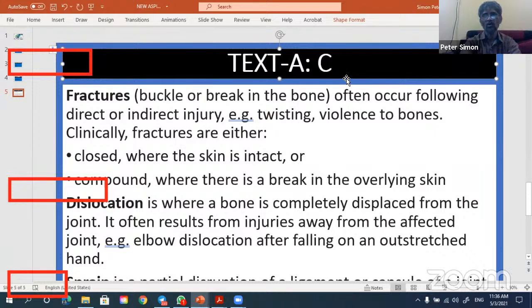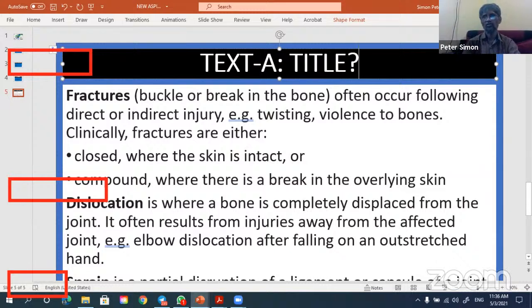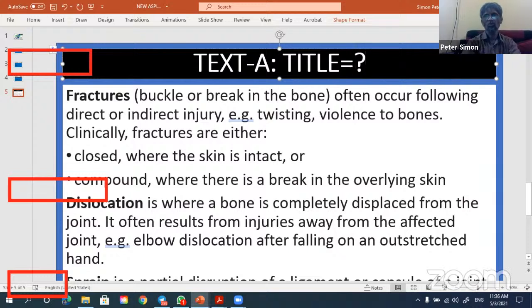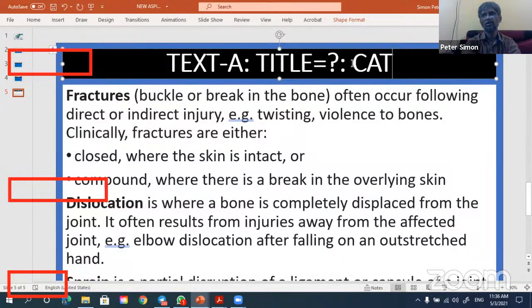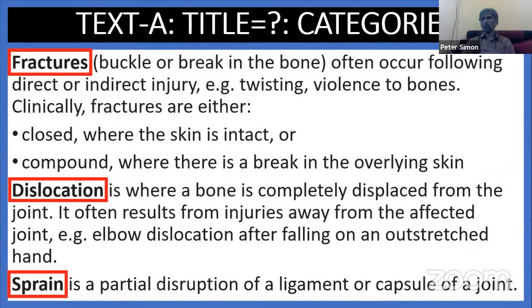We don't know the title of this one, but now we have understood that this is related to types or kinds or classes or categories. That's all, so simple as that. Why do you want to read all this nonsense for that purpose? There is no need at all.